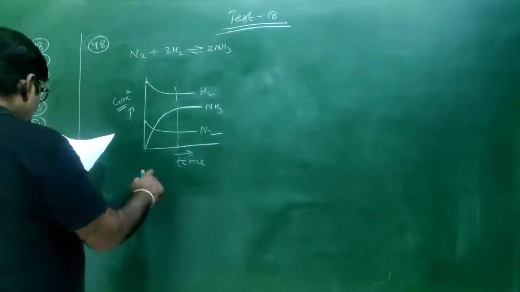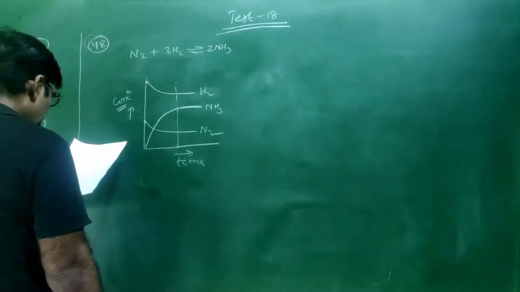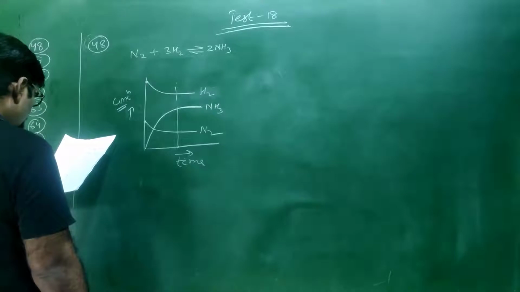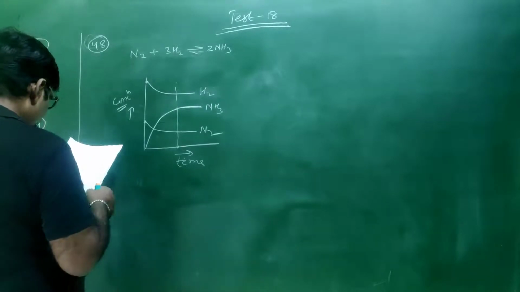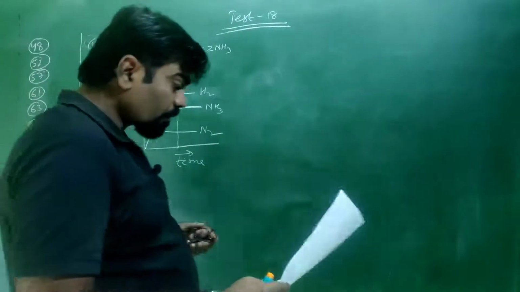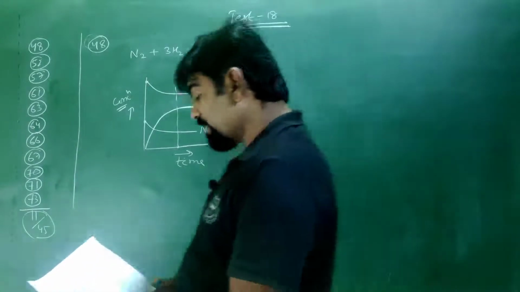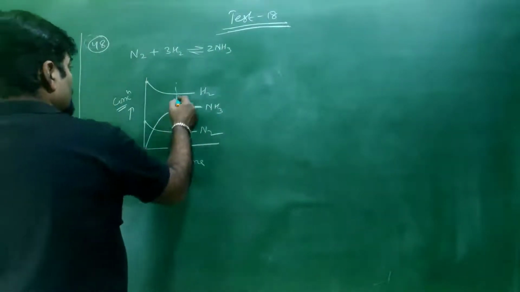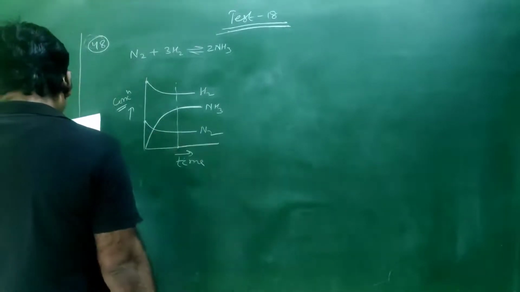Ammonia will be formed, which is 2 mole. Hydrogen is 3 mole, nitrogen is 1 mole.